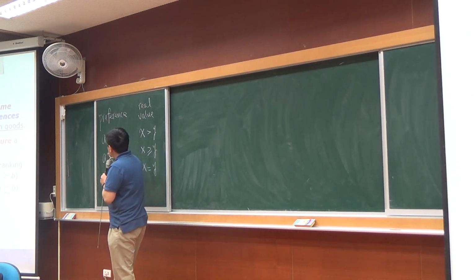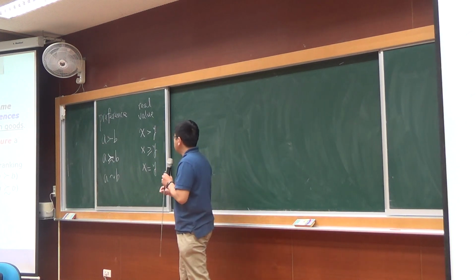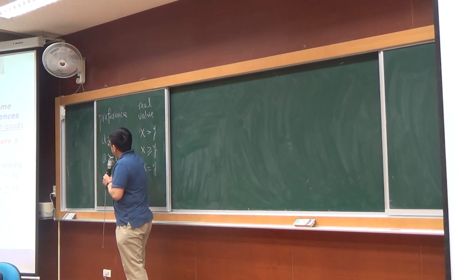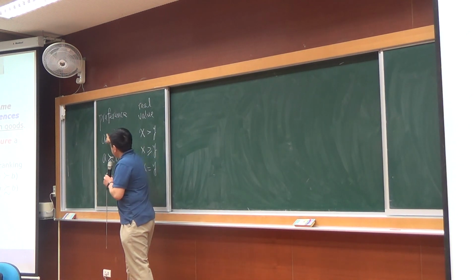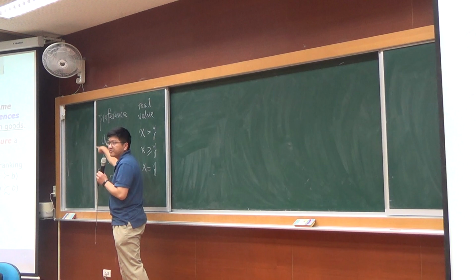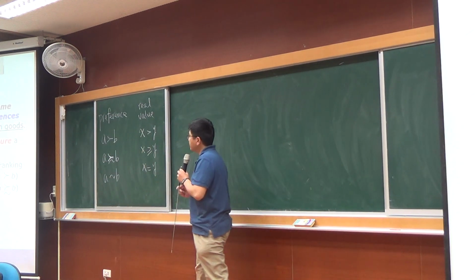And you'll see the symbol here to denote the relation. It's a little bit different. There is a curve here. It's not a straight line, it's something with some curve, okay? So notice this.